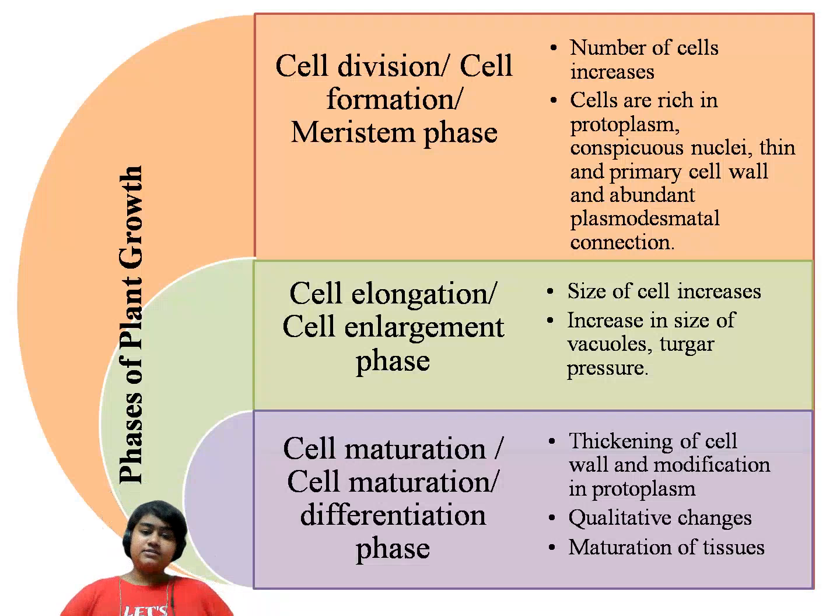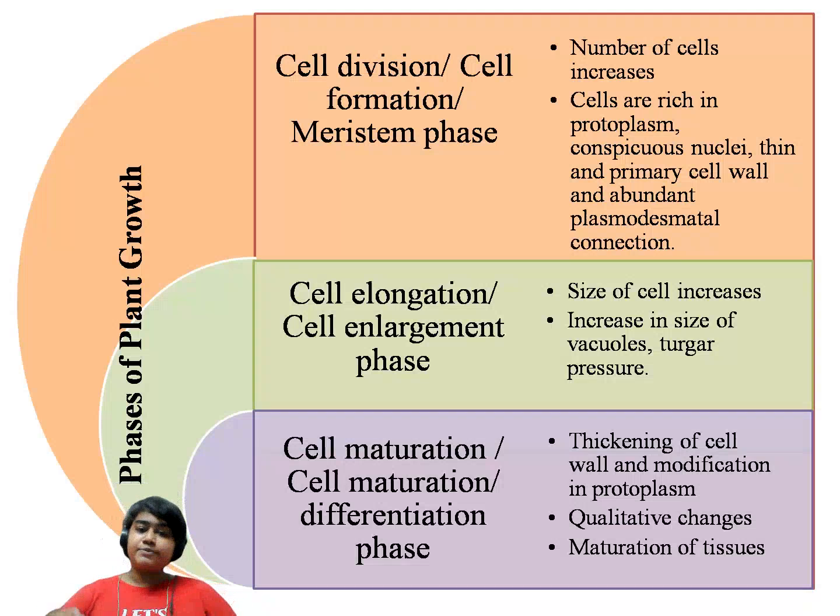And the last stage is cell maturation. So what happens during this? As the name suggests, the cells mature or they differentiate into some specialized structure to perform a specific function. And that is why this stage is also known as the differentiation phase.